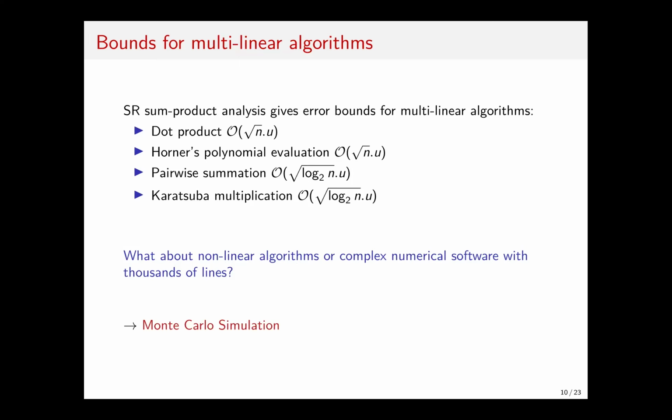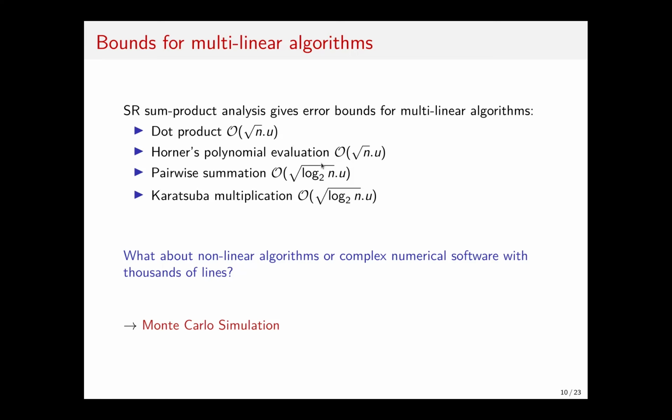This is nice theoretically because it allows us, for many basic building blocks for numerical algorithms, to give formal error bounds. So for example, for the dot product with stochastic rounding, we can show that we have a square root of n u bound.